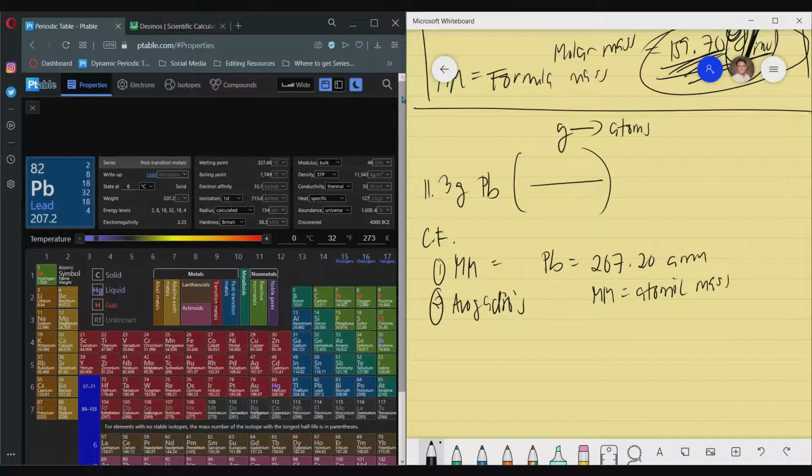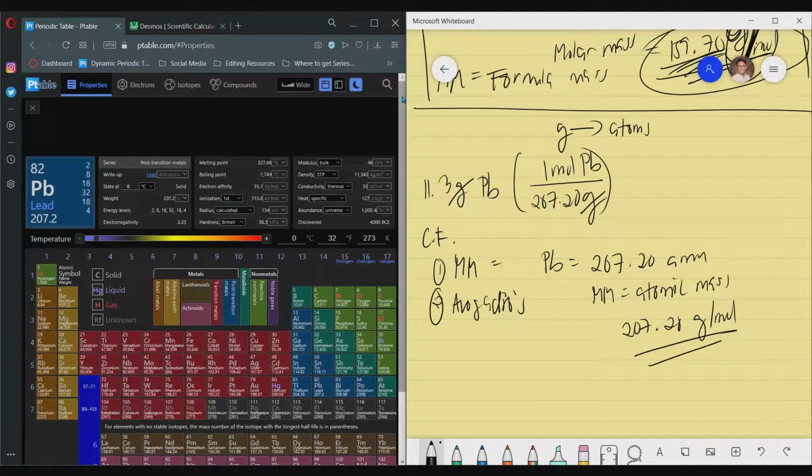Therefore we have 207.20 grams per mole. So I write 1 mole at the numerator and 207.20 grams here. Grams will be cancelled, and I now have the unit moles of lead.